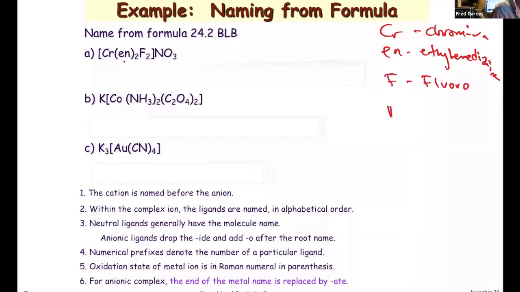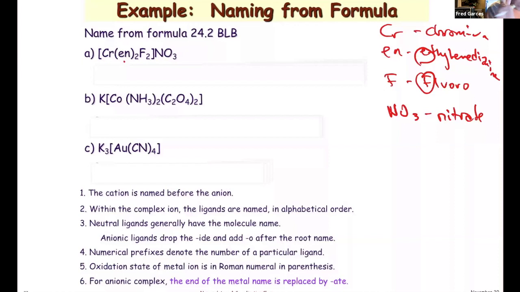And NO3 is nitrate. Okay, so when we name these things, you're going to name the ligands first. And remember, the ligands are named in alphabetical order. So you're going to name E before F. So it's going to be ethylene diamine, fluoro, and then chromium, and then nitrate. Nitrate's last because it's the anion.